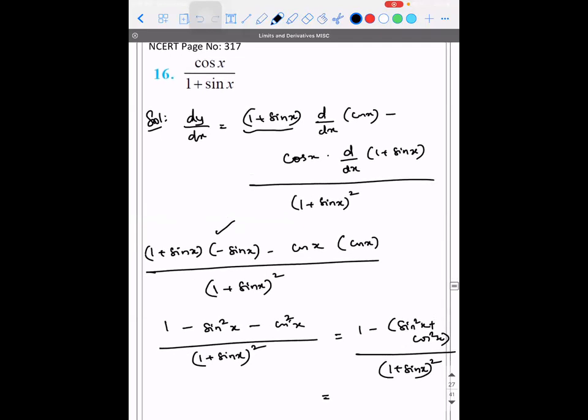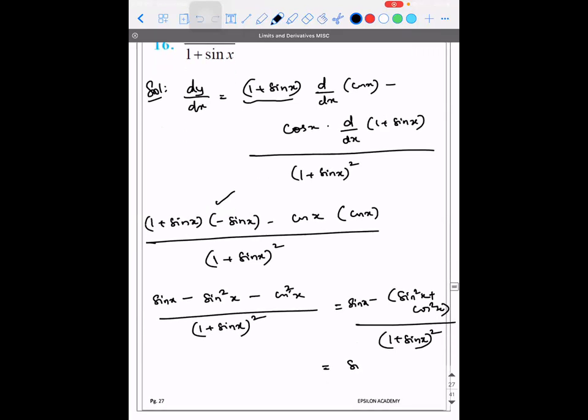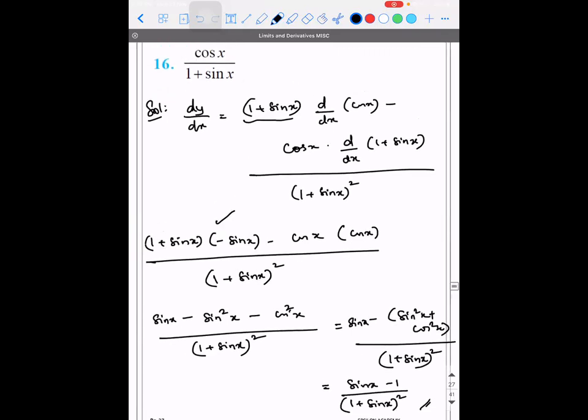Minus sin x will get multiplied with 1. Oh, I forgot sin x. That's what I was wondering, because the answer was coming out as 0. That's not possible. So now it's fine. So it is sin x minus 1 divided by (1 plus sin x) the whole square. Now it's fine. This is the final answer.